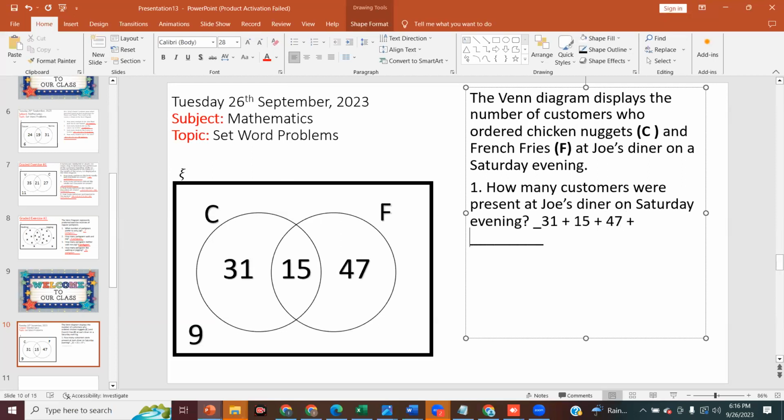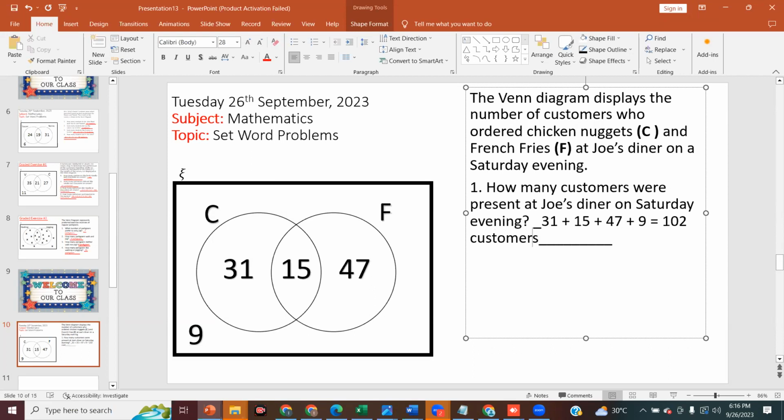You have to include the 9. Don't just do 31, 15, and 47. That's very important. When we add them together, 31 plus 15 plus 47 plus 9, we get 102. So the answer is 102 customers.